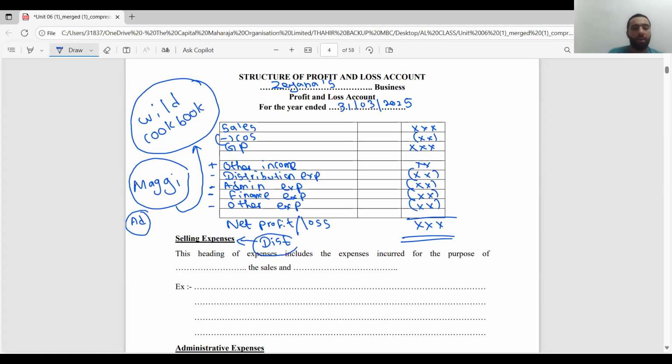The heading of selling expenses includes the expenses incurred for the purpose of promoting the sales and distributing. That means Maggie uses Charit to promote their product.